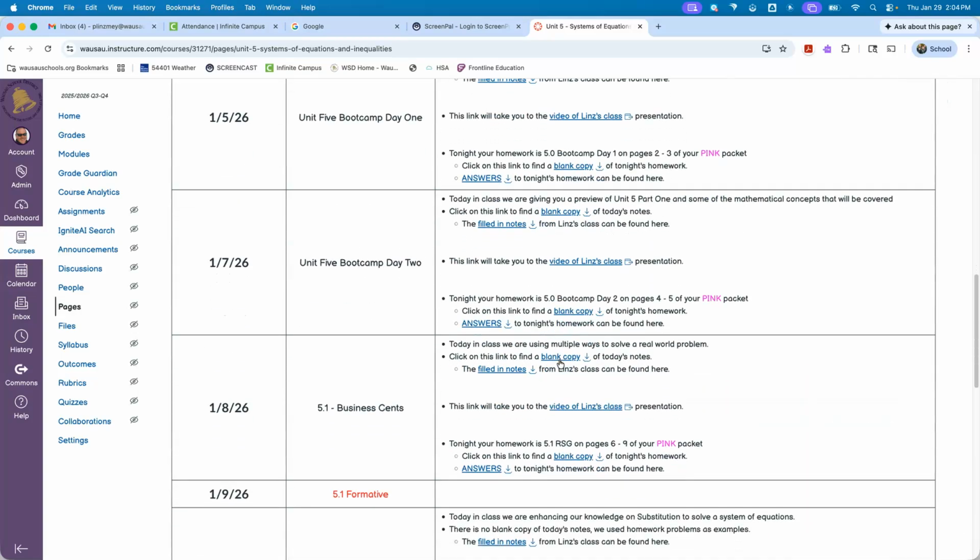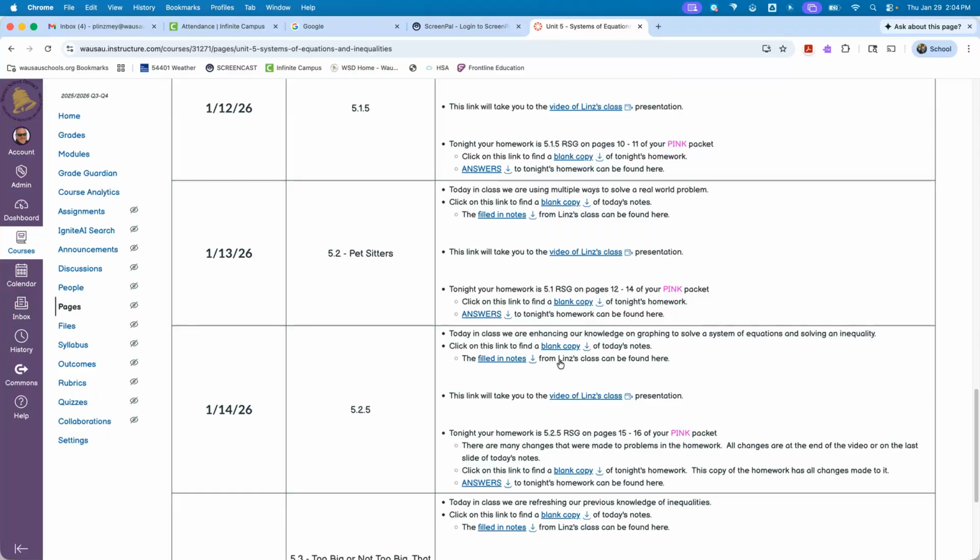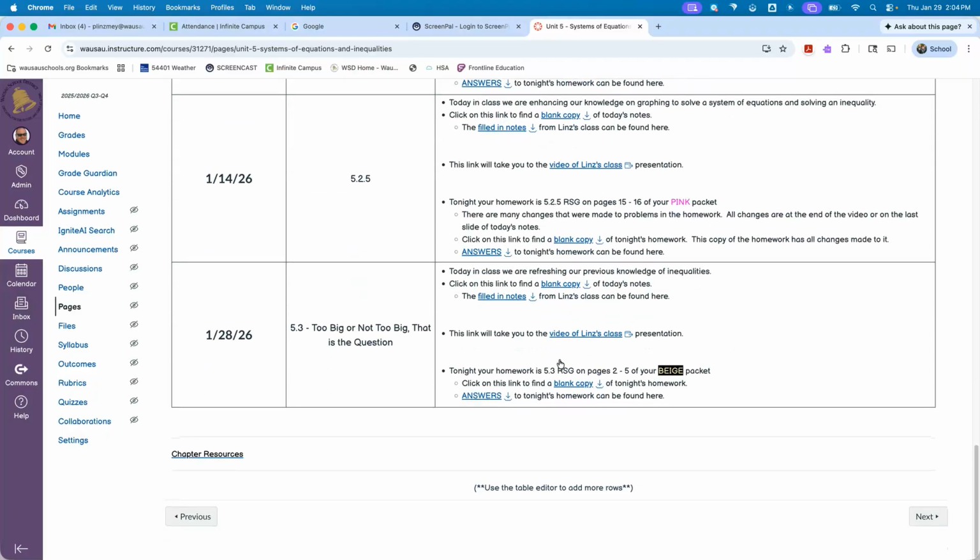way down here at the bottom is everything that you need if you're going to be gone, or if you were gone, or if you missed something, or if you needed to write something down. In here, you've got a blank copy of the notes from that particular day.